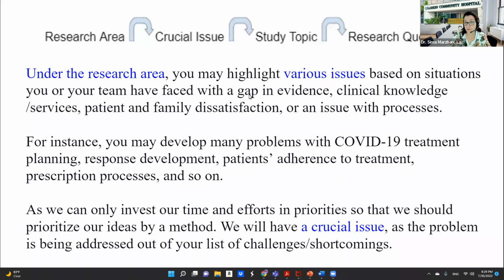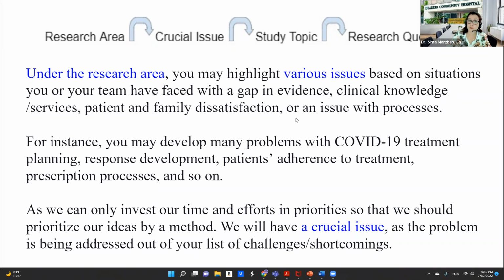Those could be gaps, shortcomings, issues, dissatisfactions, complaints, waste of time, waste of flow, waste of energy and resources, waste of motion, or a gap in clinical knowledge. Something is under question in that area.